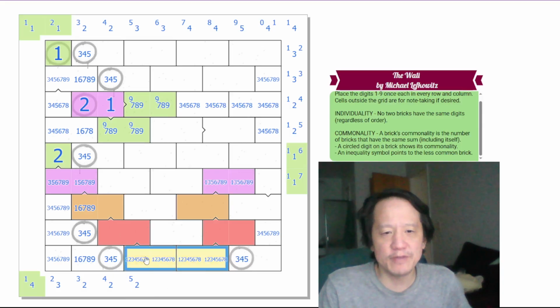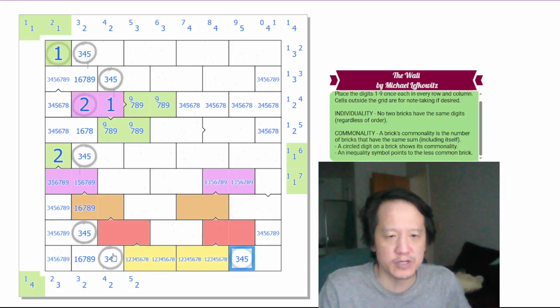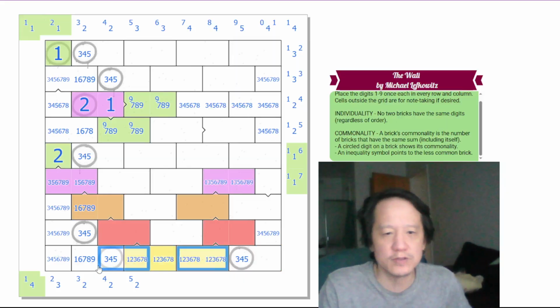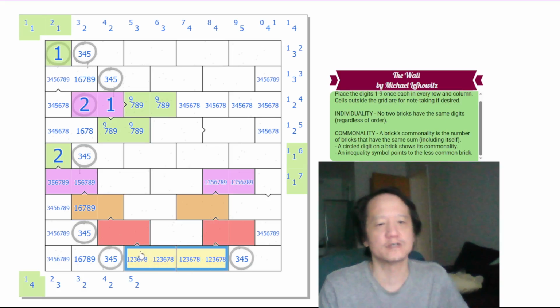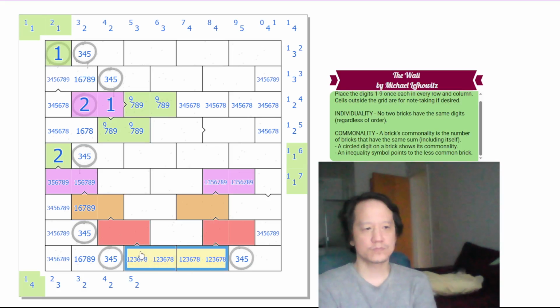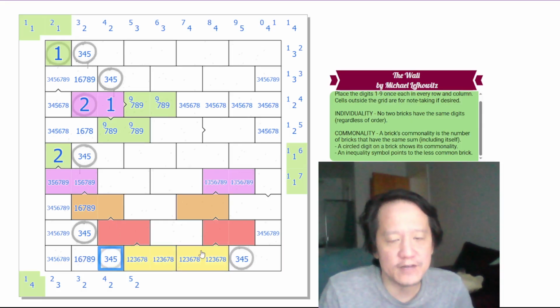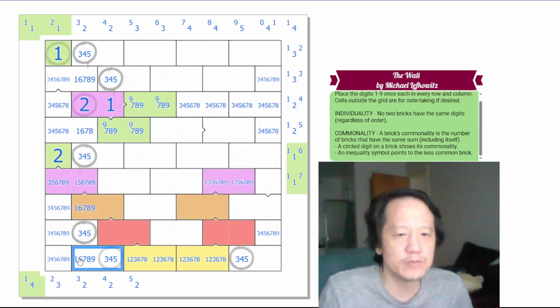Again, this cannot be 4, 5, because if this is a 4, 5 pair, the problem is this becomes 3 and 3, and that's not allowed. So it has to be either 1, 8, 2, 7, or 3, 6 here. And this can't be 5. If either of these are 5, then it must be with 4.